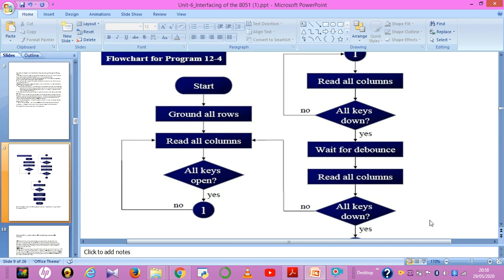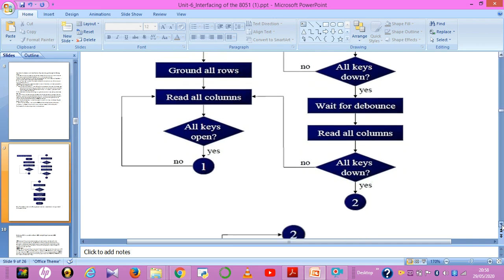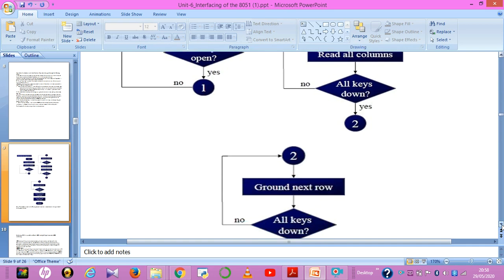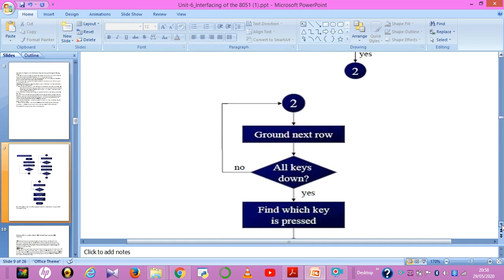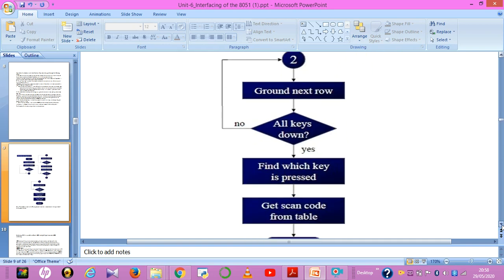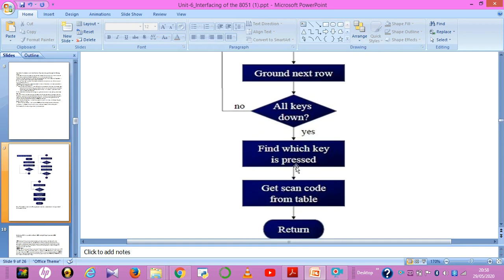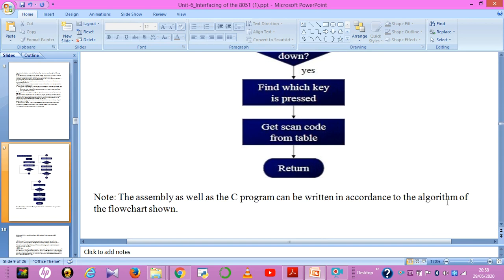Again all keys are open. Then ground the next row. It keeps on checking all the rows, whether it is 1 or 0. If it is 1, it keeps on checking all the rows until a key is pressed. If a key is pressed, then it gets the scan code from the table and returns. This is the flowchart to check whether a key is pressed or not.